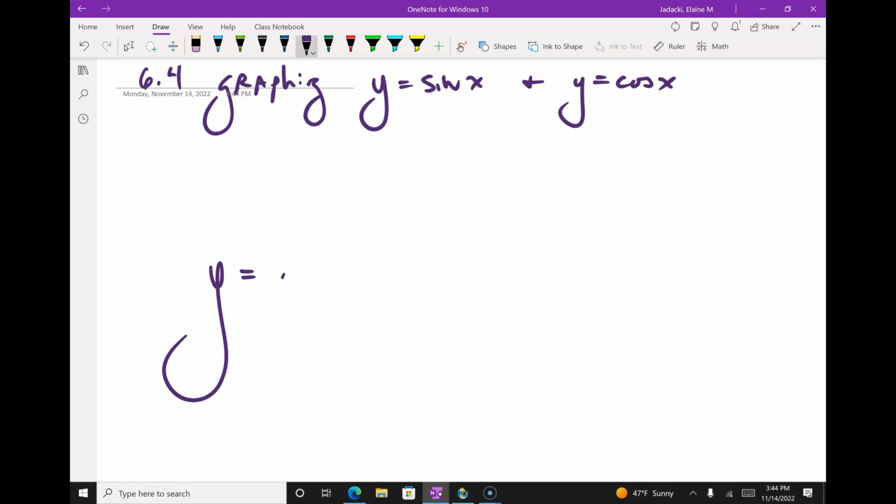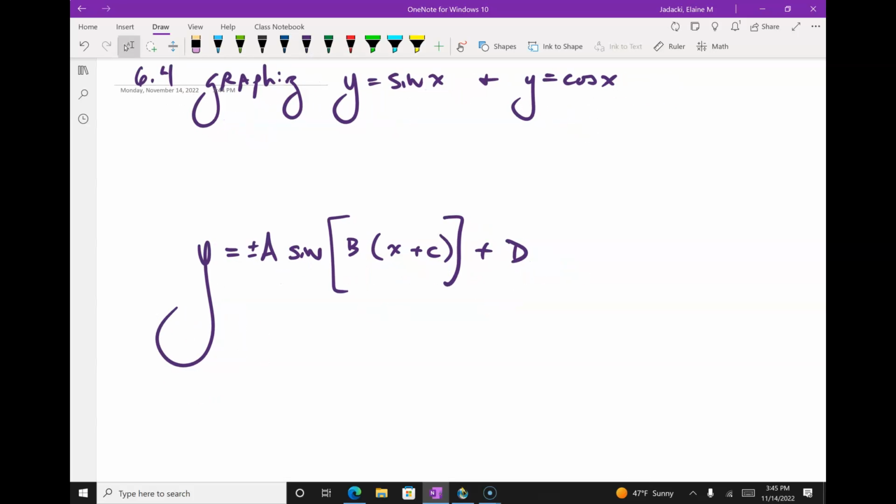Y equals A plus or minus A times the sine of B all times X plus C, all of that plus D. And I put them in order A, B, C, D because that's the way I want you to think of them, okay? So A is my amplitude. If you play music and you turn up your amplifier, it's making the speaker rotate deeper. So in actuality, what it's doing is changing the radius. This is the radius of the circle.